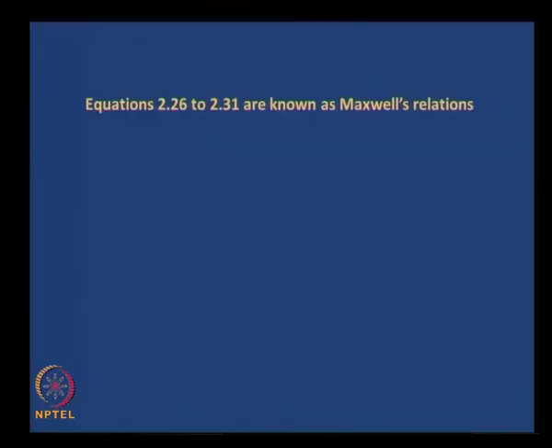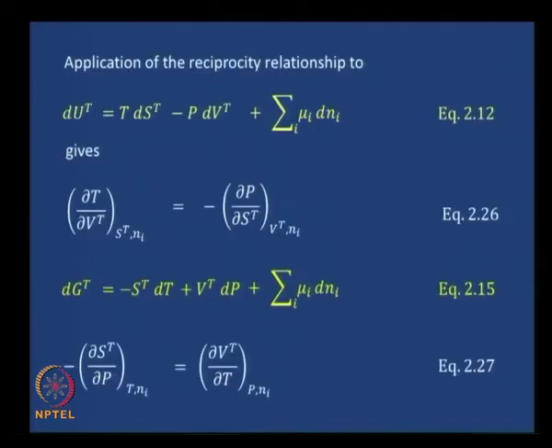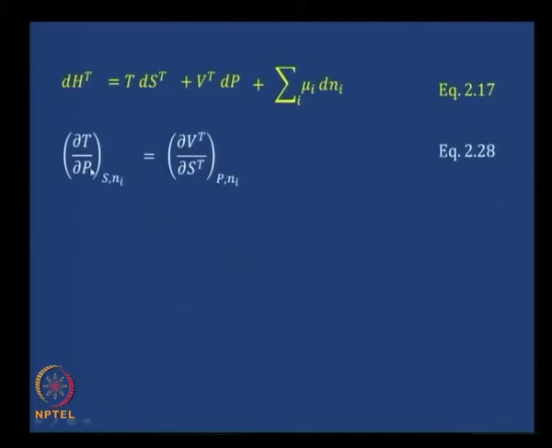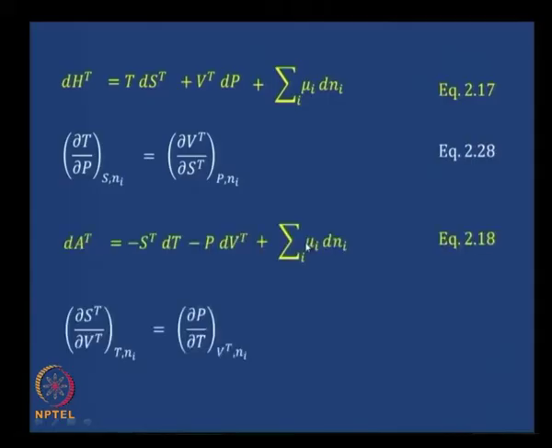The equations 226 to 231, let me go back and show you 226 just for a recall. 226 was dou T by dou Vt at constant St, ni equals minus dou P by dou St at constant Vt, ni. 227 was minus dou St by dou P at constant T, ni equals dou Vt by dou T at constant P, ni, equation 227. 228 was dou T by dou P at constant S, ni equals dou Vt by dou St at constant P, ni, and equation 229 was dou St by dou Vt at constant T, ni equals dou P by dou T at constant Vt, ni.